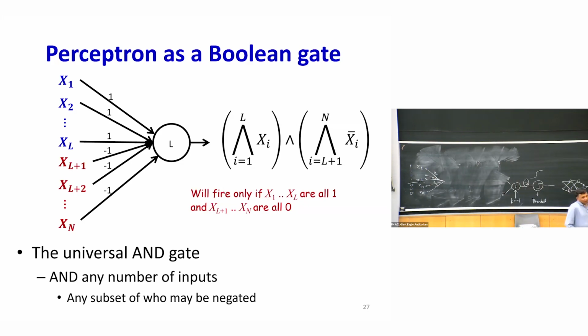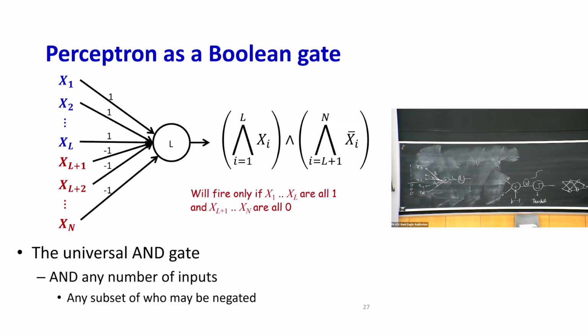L, right? So at this point, this is going to be L. What happens if I flip one of these guys? It becomes lesser. What happens if I flip one of these guys? It also goes down. So if I just use a threshold of L, this is going to specifically fire when the first L entries are 1 and the remaining are all 0.